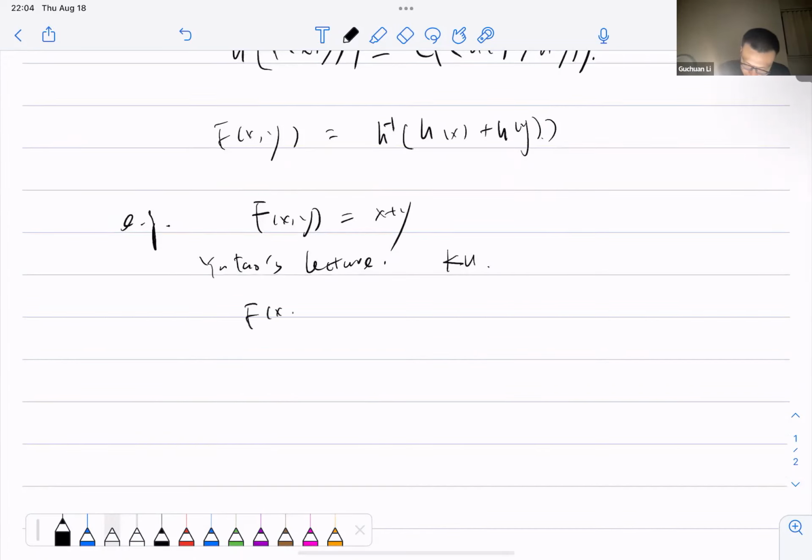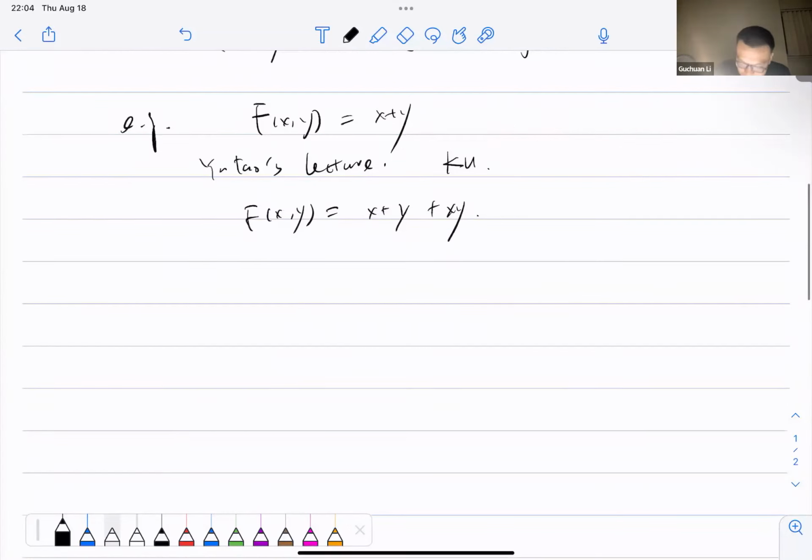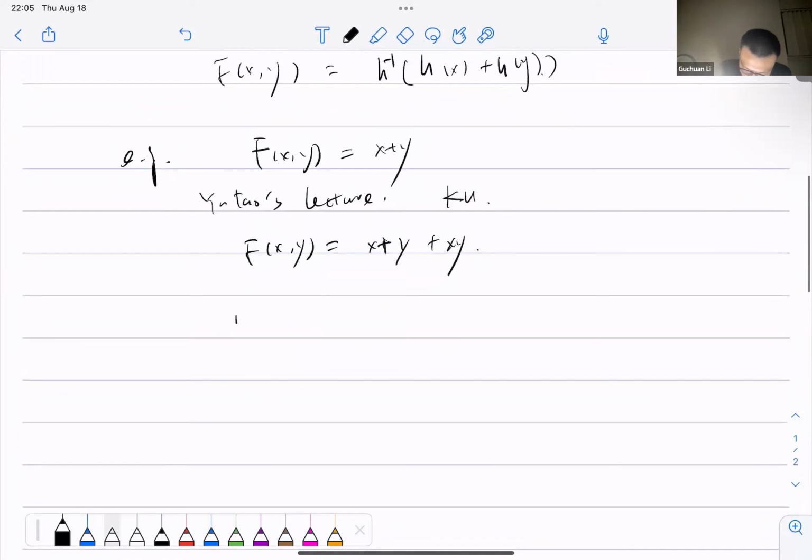That's a multiplicative formal group law. Let's just say it's X plus Y plus XY. In general, you can put any unit there. And it's called multiplicative because if you add 1 on both sides, you get this formula.